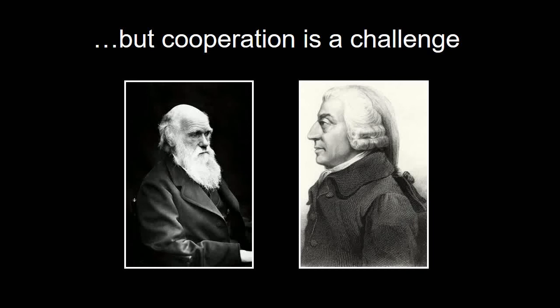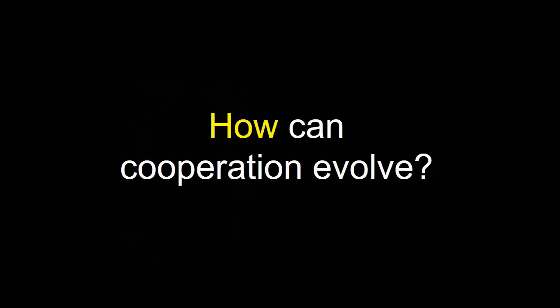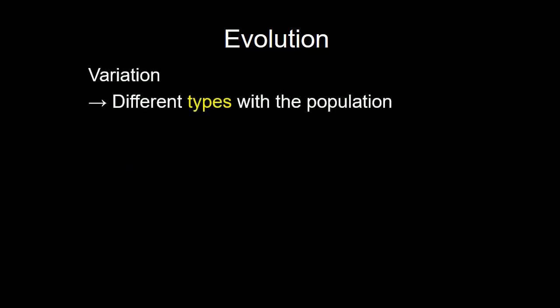And so the question that we are going to ask is, how can cooperation evolve and be maintained despite this challenge? And if we're going to talk about evolution, then we have to say, what does evolution mean? There are three key components to evolution. First, you have to have variation. Within a population, you've got different types of agents, in the most general sense.